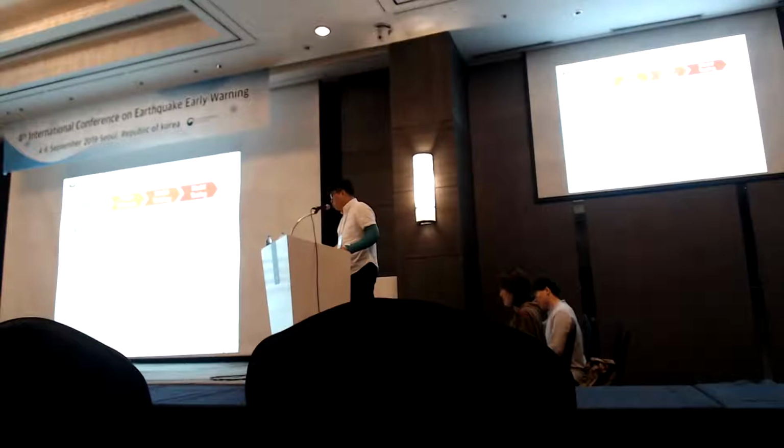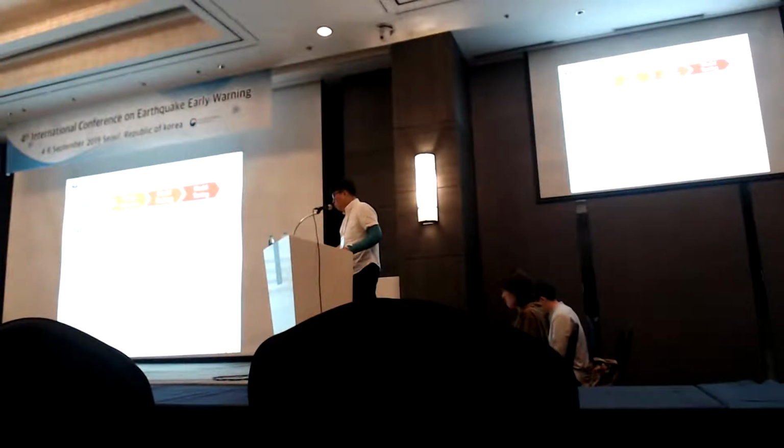But from this loss function you couldn't know if your network tells you at 6 seconds or 10 seconds that this is an earthquake; you couldn't say the difference between them. Is it correct?